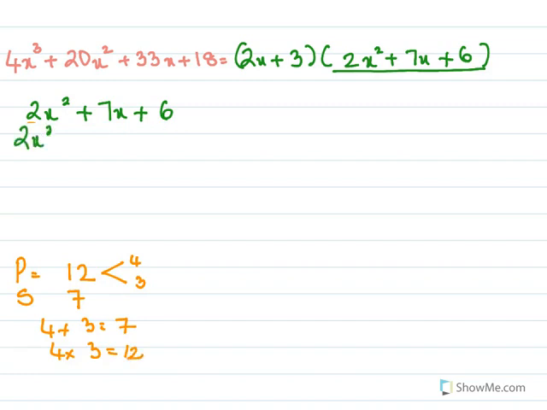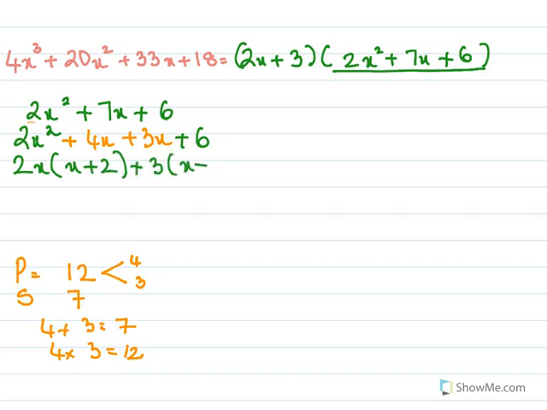So we have 2x square plus 4x plus 3x, splitting the middle term. So we have 2x common, x plus 2, and here 3 common out, x plus 2. So we have x plus 2 and 2x plus 3.